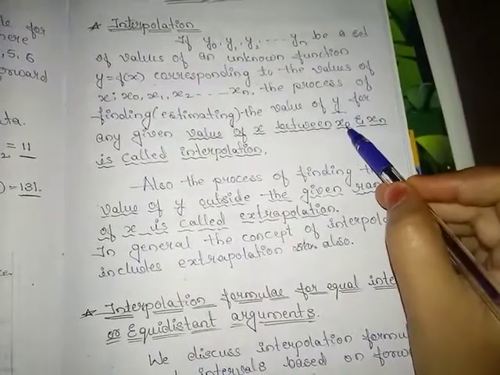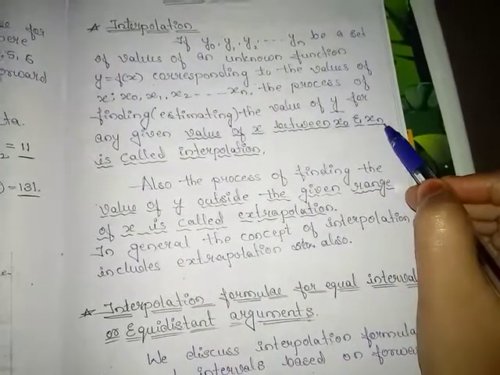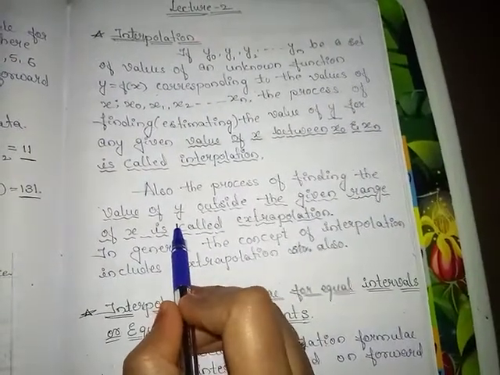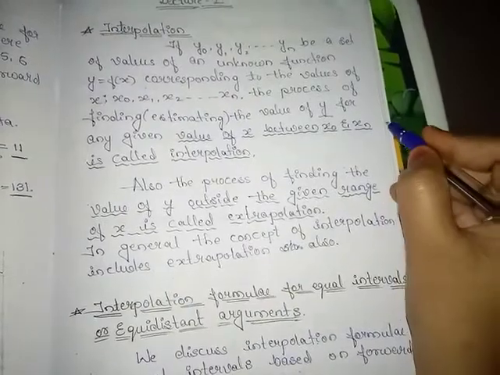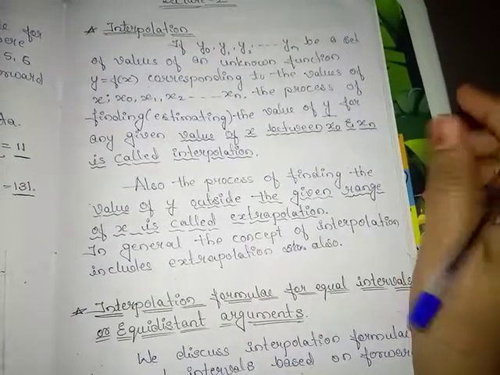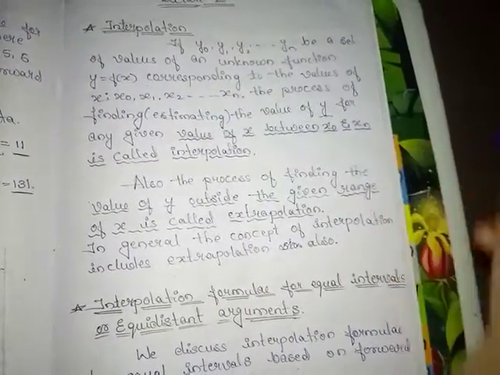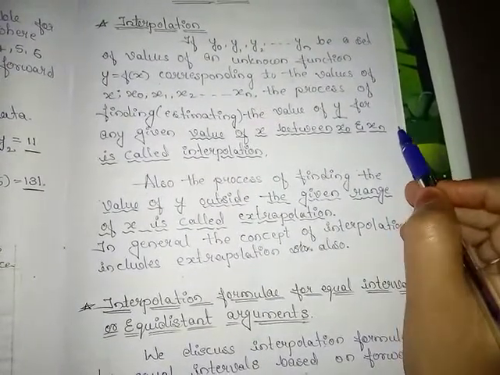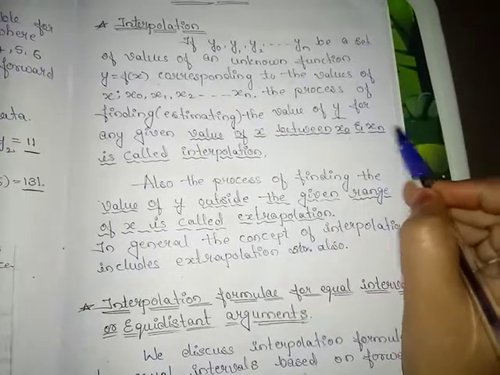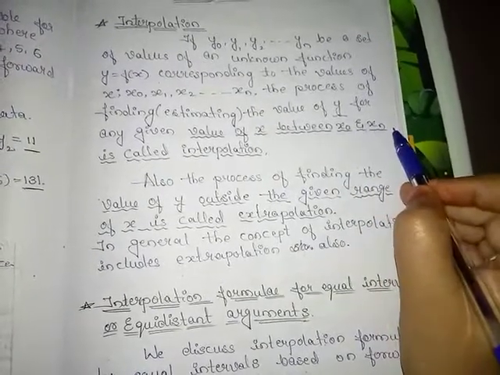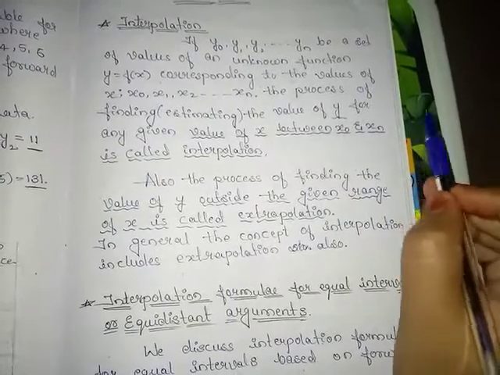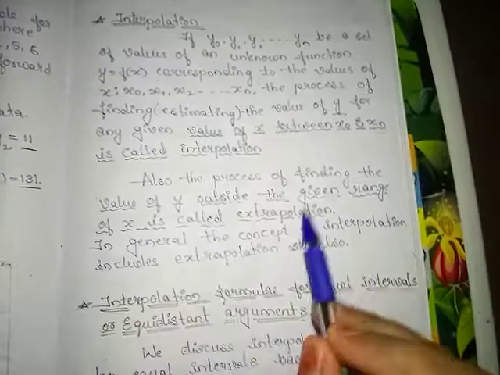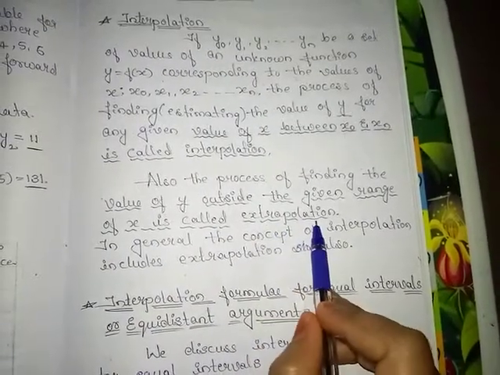See, here our range is x0 to xn. If we are asked to find the value of y for x is equal to xn plus 1, that value is outside this range. If we are finding the value of y for x is equal to xn plus 1, then that process is called extrapolation.